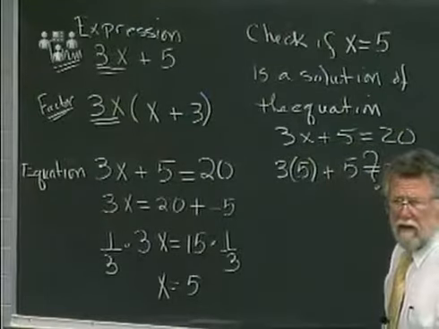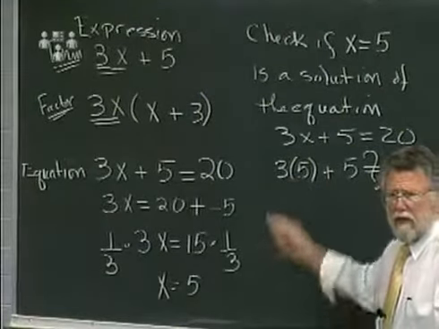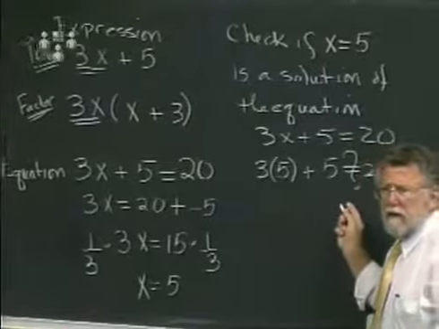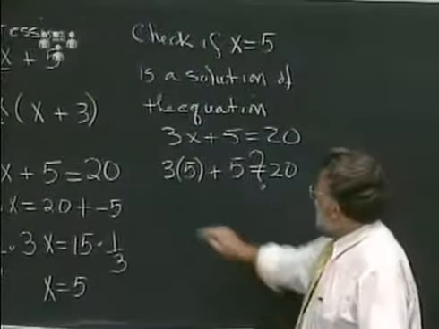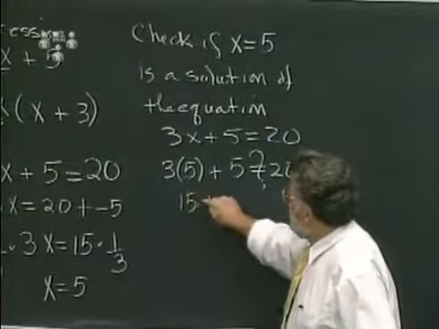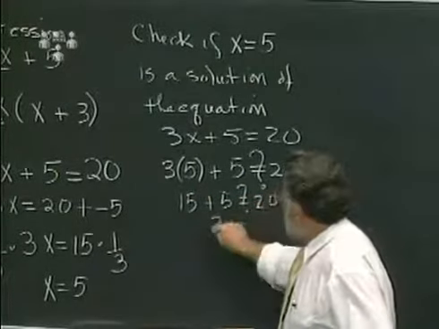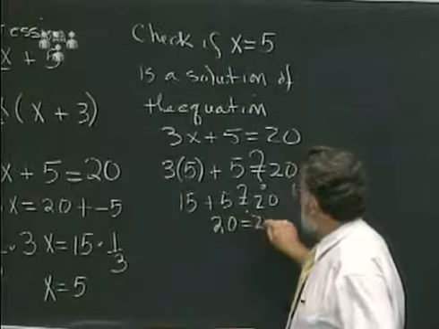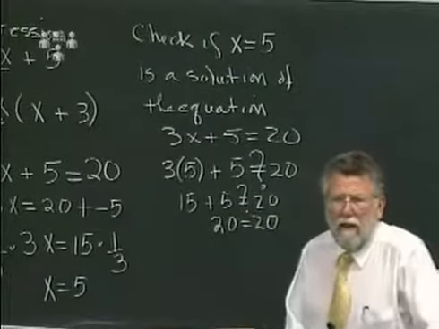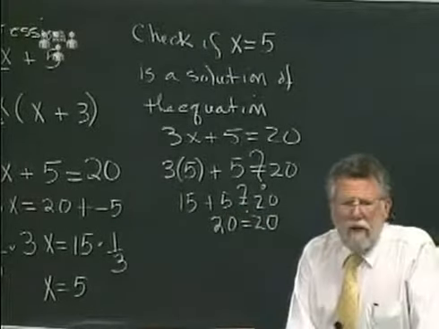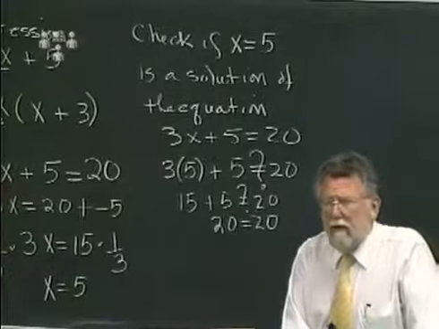If it is, and let's just slide over a little bit, Ernie, and I'll need a little bit of spot. Thank you. If it is, then I have a solution. So it's still a question mark here, and 20 is equal to 20, so we say what? 5 is a solution of the equation.